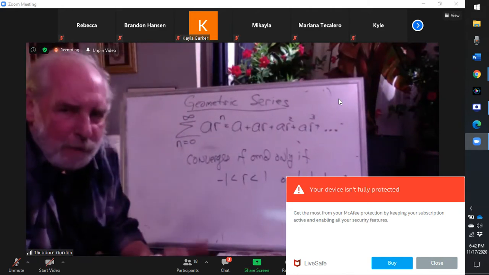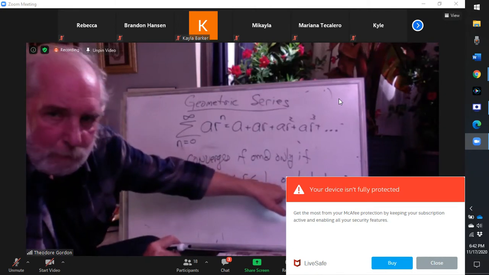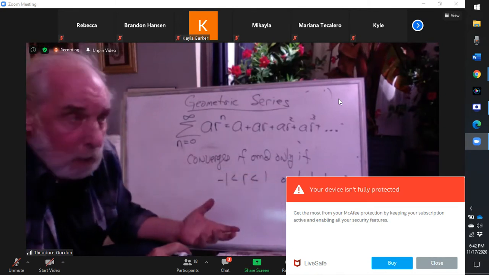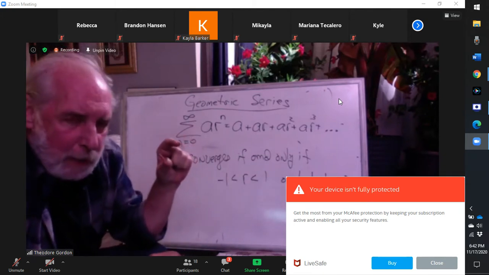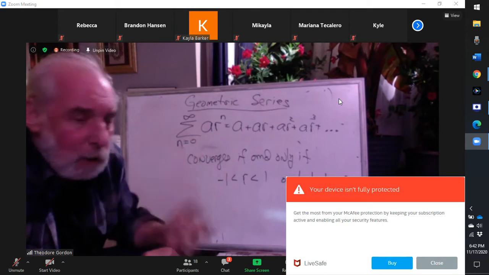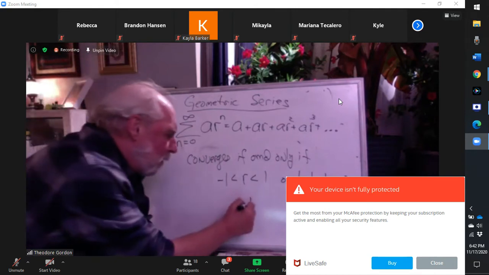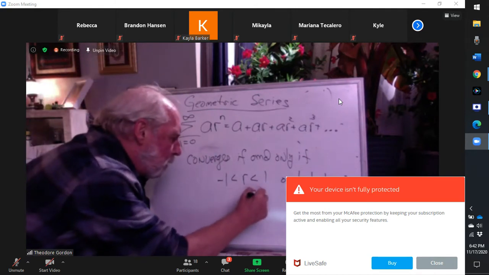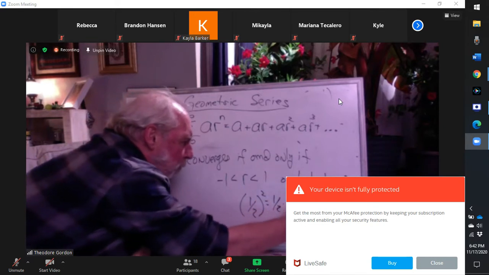And here's why this is true. If you take a number smaller than 1, like 1/2 or 1/3, and you start squaring it, does that get bigger or smaller? 1/2 squared is 1/2 times 1/2, which equals 1/4.